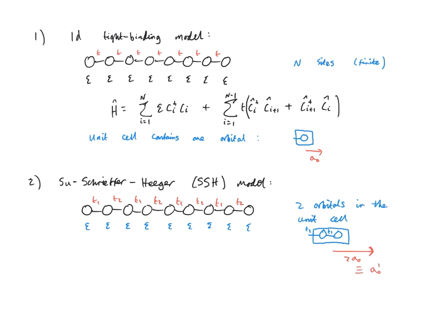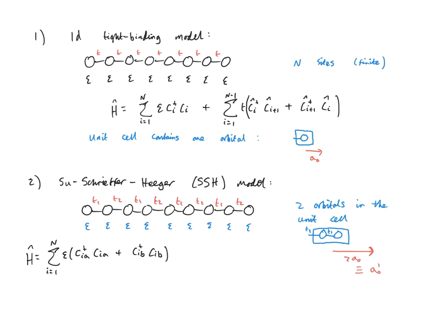Okay, so let's write down the Hamiltonian for this SSH model. We have a term here which just involves the energies. I'll write the operators within the unit cell as c_i, where i is going to label the unit cell, and then the two orbitals in the unit cell are going to be A and B. So we have, for the energies, just diagonal pieces, c_iA dagger c_iA, and c_iB dagger c_iB.